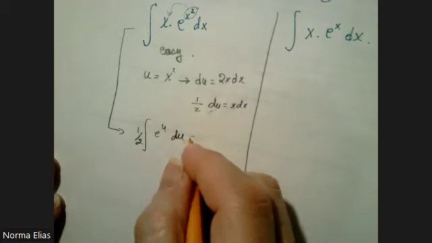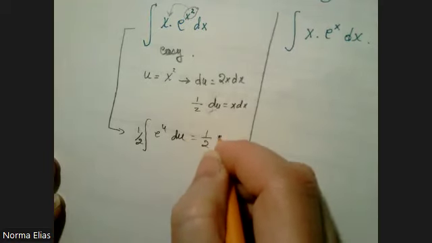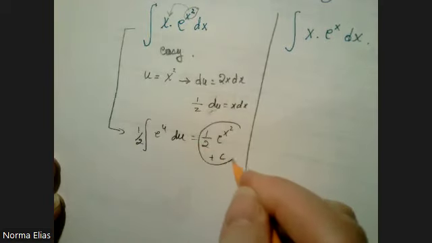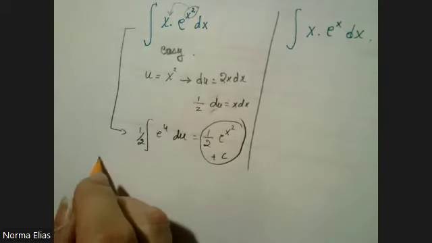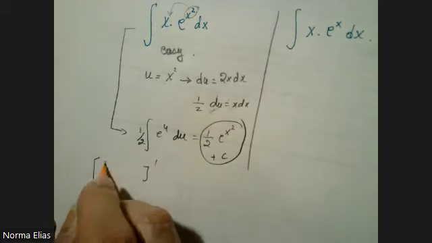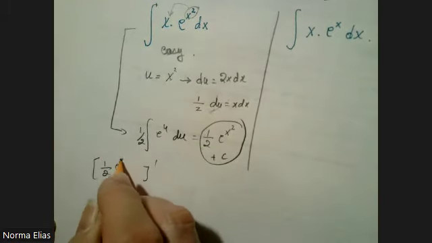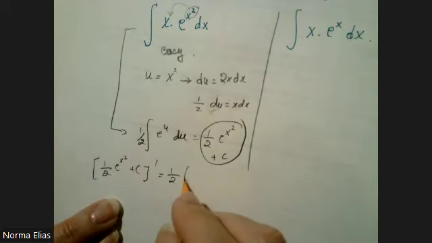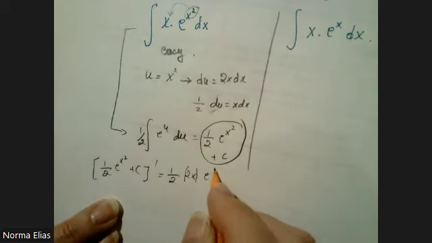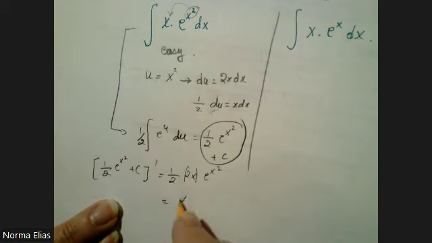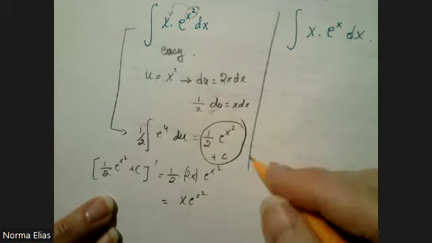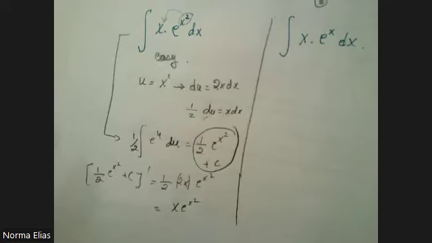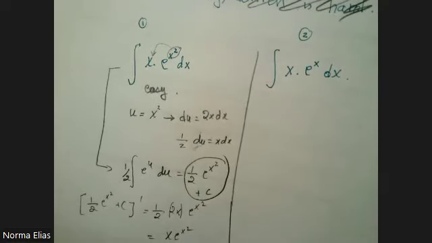It means it's eventually going to be a half e to the x squared plus c. And of course, if we differentiate this correctly, I will have a half times the derivative of x squared, which gives me x e to the x squared. So that's a very easy problem by now. It's the heart of the substitution.